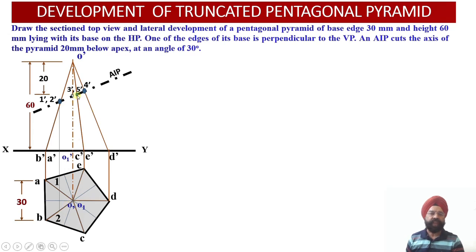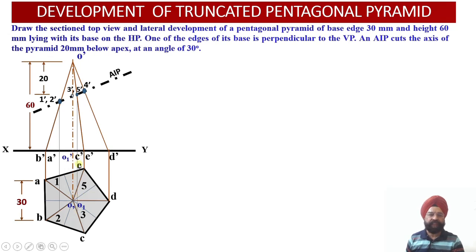Similarly, through the points 3 dash and 5 dash, which lie on the slant generators O dash C dash and O dash E dash respectively, one more vertical projector will be drawn, and wherever this vertical projector intersects OC, we obtain the point 3 in the top view.